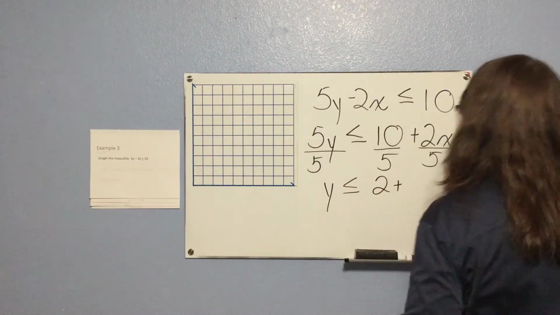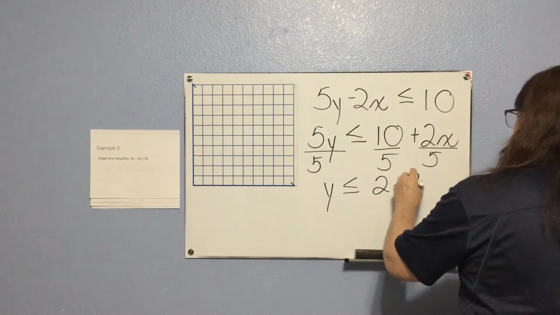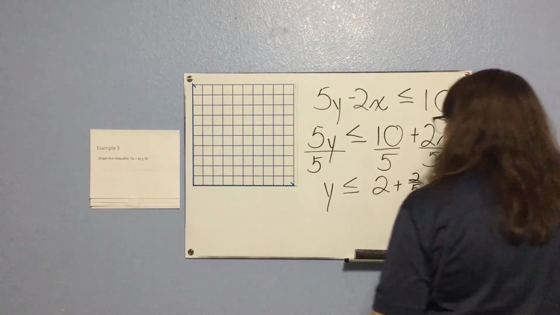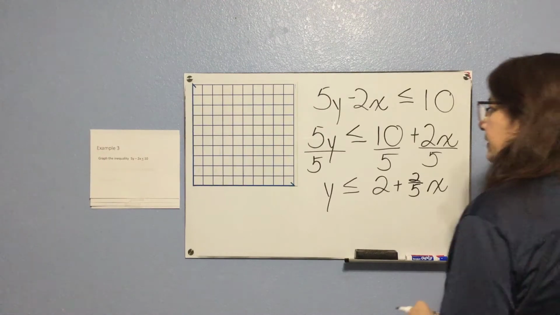In your book, they changed 2 over 5 to a decimal. I actually prefer to leave it as a fraction for my slope. And so now I have y is less than 2 plus 2/5 x.